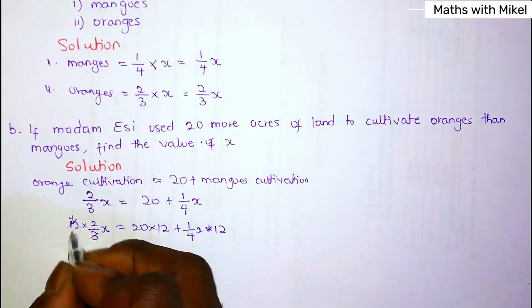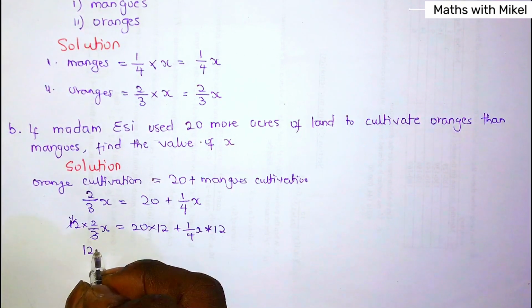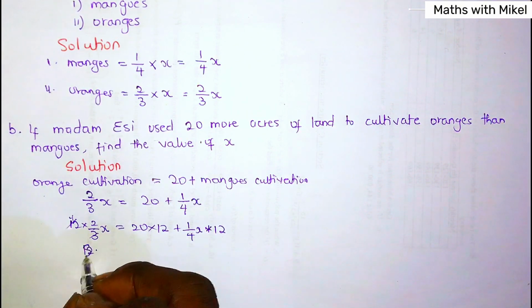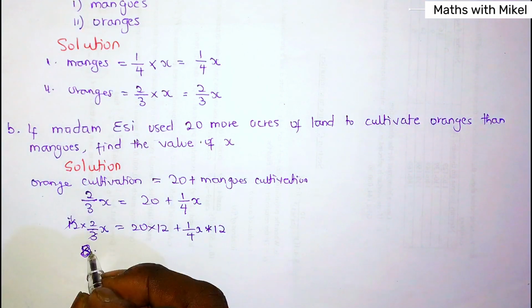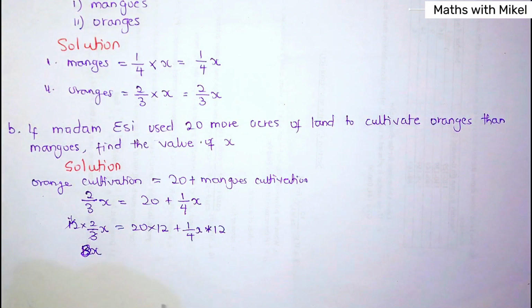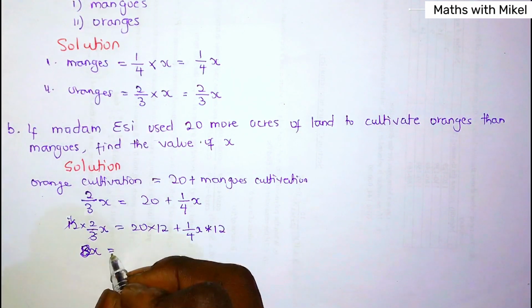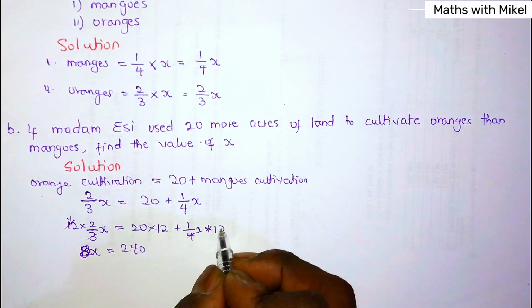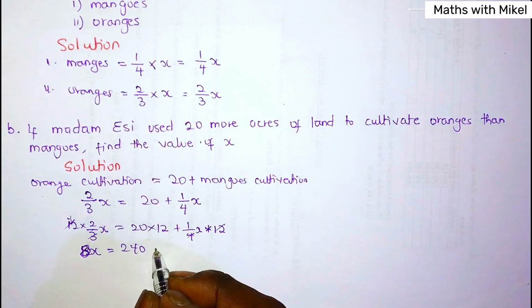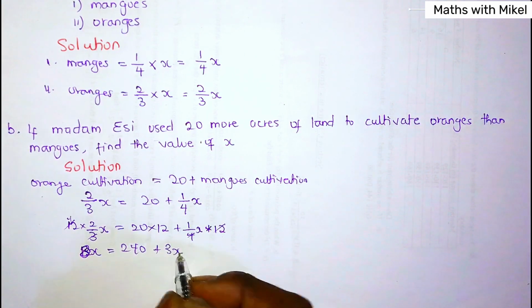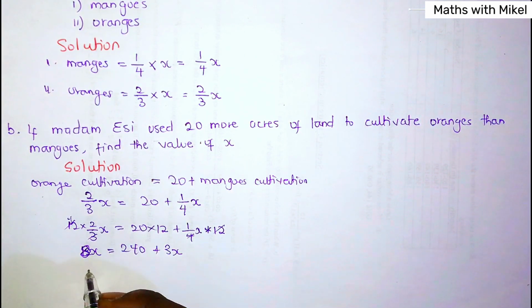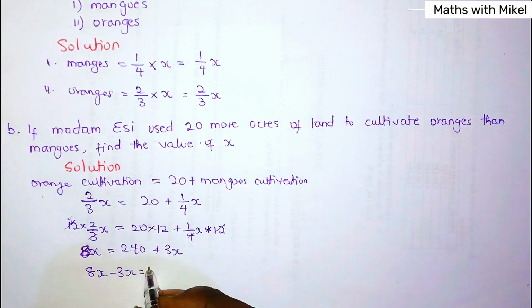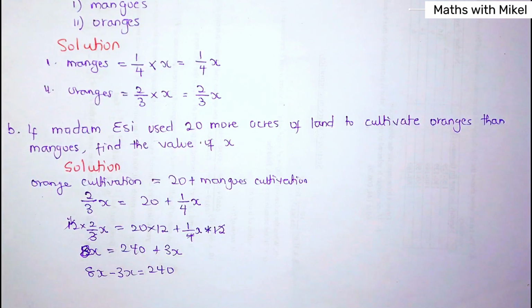So this is 4. So I get 12x. So 8. 4 times 2 is 8. So 8x is equal to 240 plus 3x, which gives us 8x minus 3x is equal to 240.